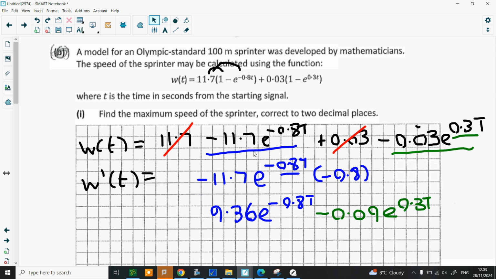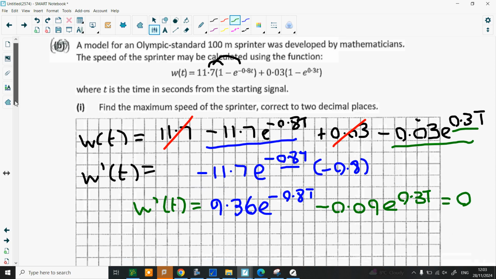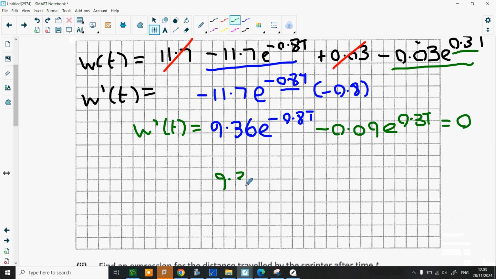Go with that? Okay. Now, what I'm going to do next, guys, is the following. That's my first derivative, yeah? And what did I say I have to put the first derivative equal to? I have to put it equal to 0, which means the following. 9.36 e to the minus 0.8 t is actually the same as 0.09 e to the 0.3 t.